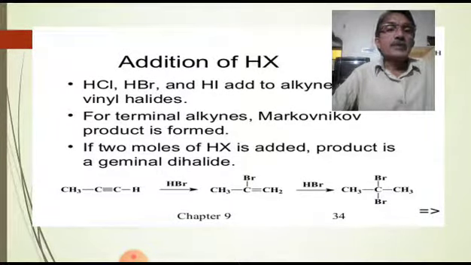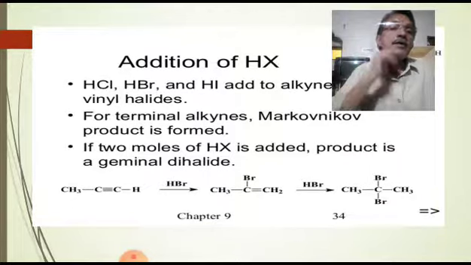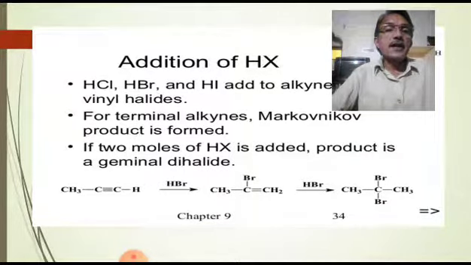Look at the reaction. This is methyl acetylene, CH3-C≡C-H. This methyl acetylene or propyne reacts with hydrogen bromide. In this reaction, addition of HX takes place.